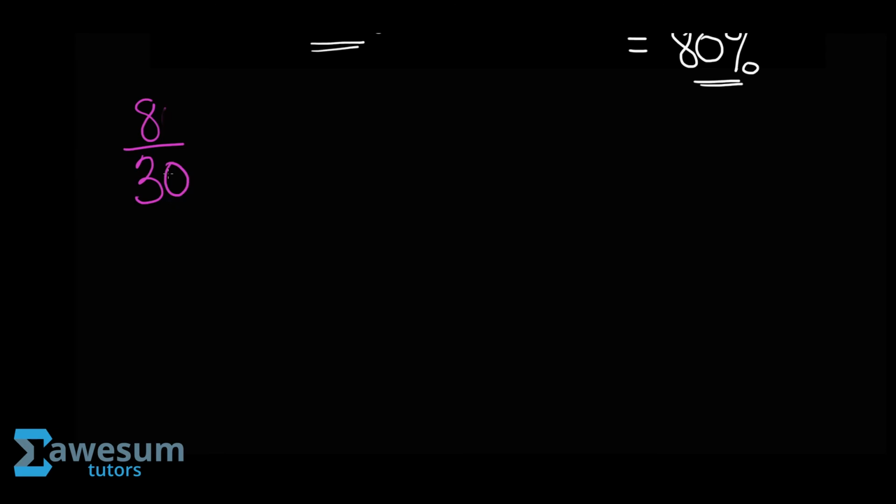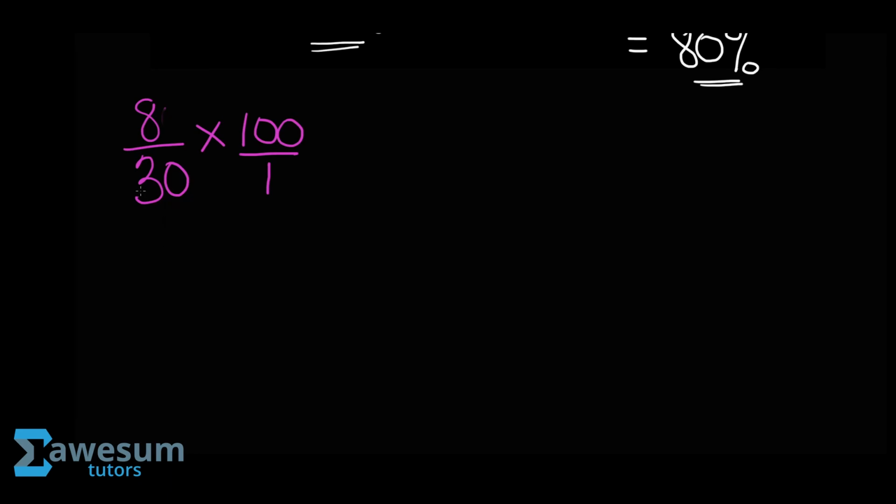We would like to convert this to a percentage. We said to convert to percentage, you just have to multiply by 100. So I will say times 100. And 100 means 100 over 1. Okay? If you take a look at this, this is 30. This is 100. 10 is a common factor of these two numbers.